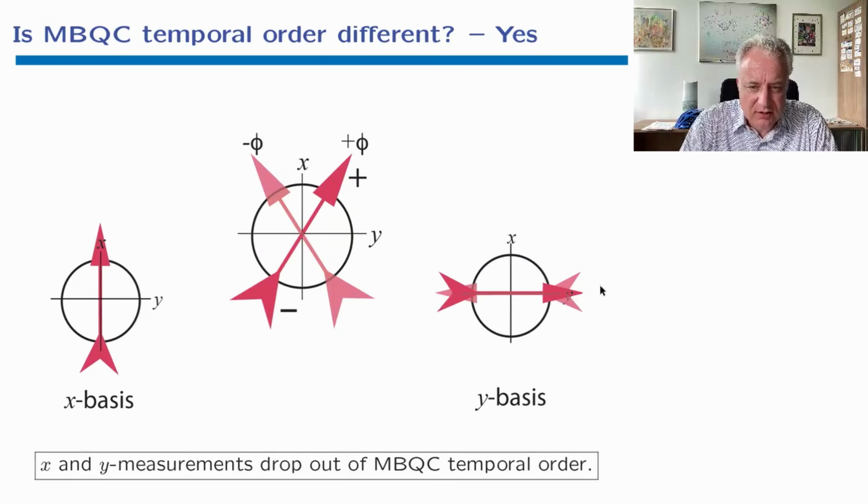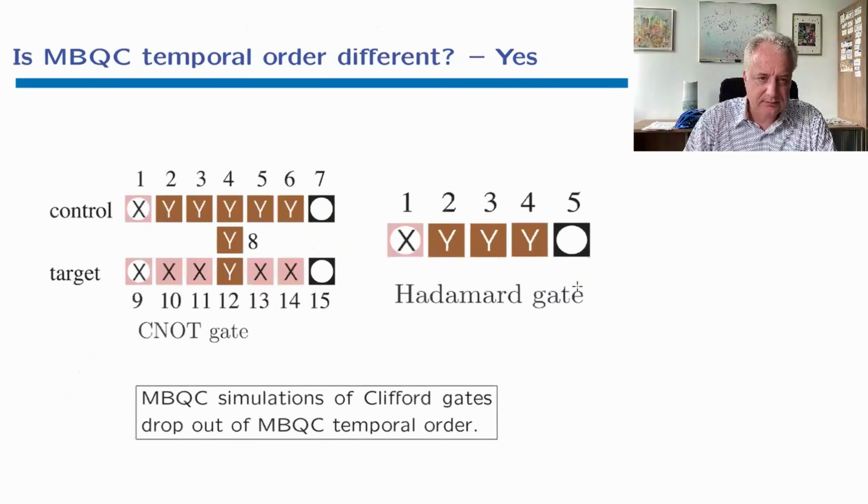The question is, what gates can we do with measurements in the x and y basis? The gates you can do are all the Clifford gates. Here are two examples shown, the Hadamard gate and the CNOT gate. All the Clifford gates completely drop out of the temporal order in measurement-based quantum computation. So yes, there is a difference to the circuit model as far as temporal order is concerned.